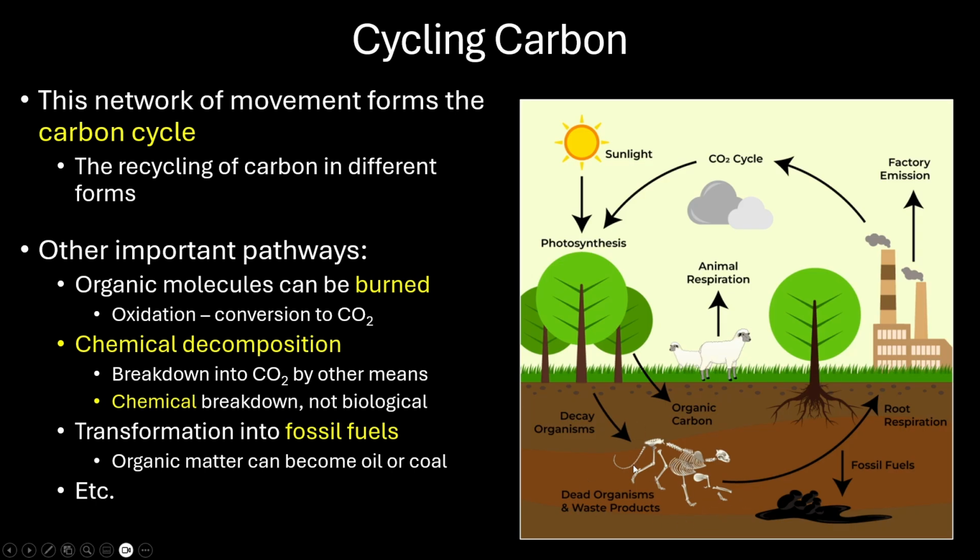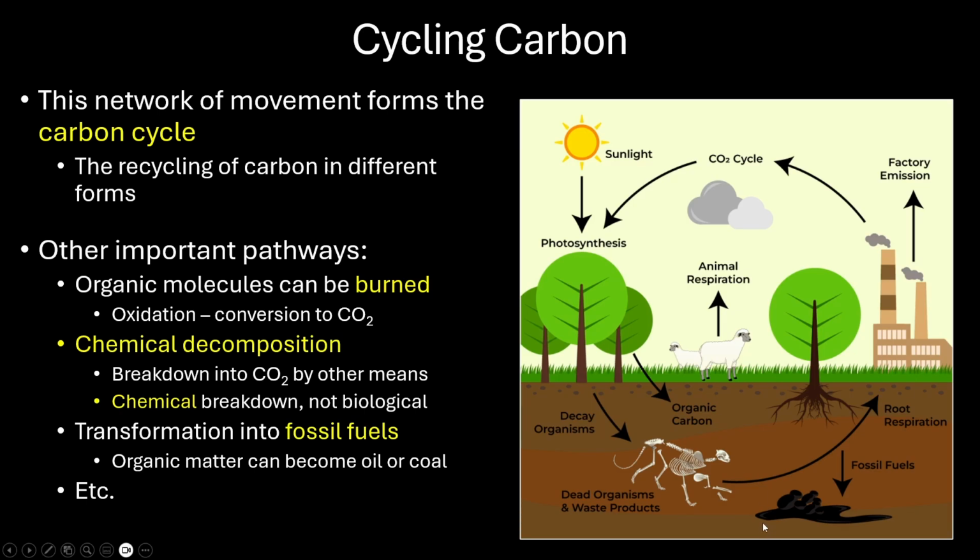Essentially, it turns into something very different, not through biological means. And so this is actually how things like fossil fuels can be formed. That organic matter that contains a lot of carbon can break down and change form and become fossil fuels. We call them fossil fuels, of course, because they're made of dead organisms, past organic matter from animals and plants alike.